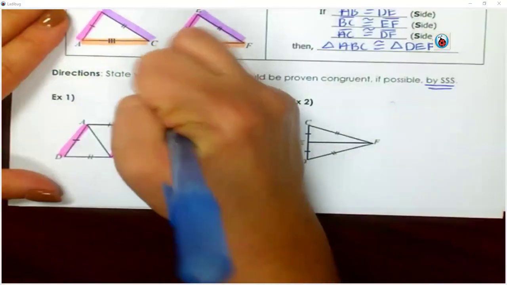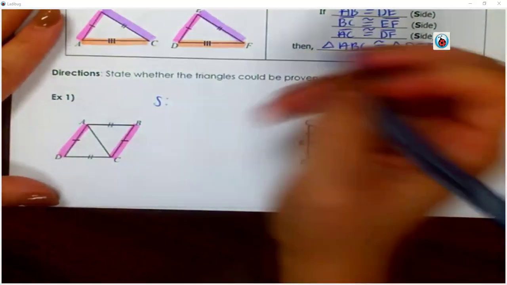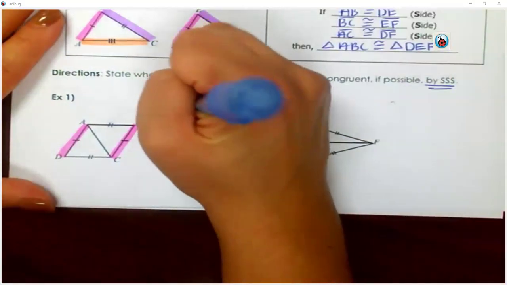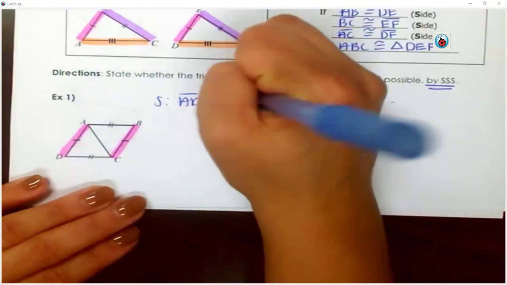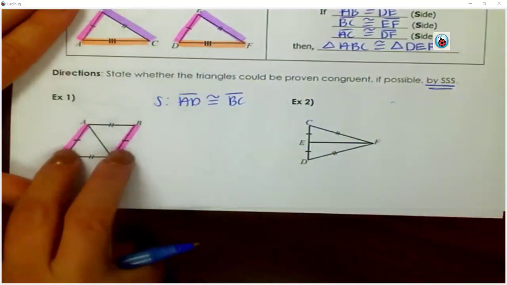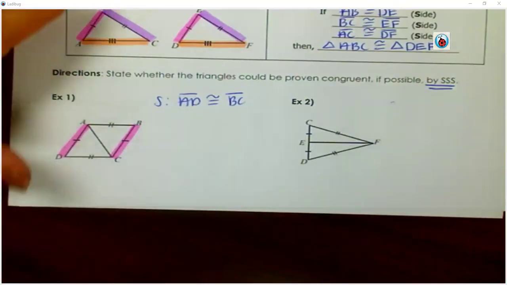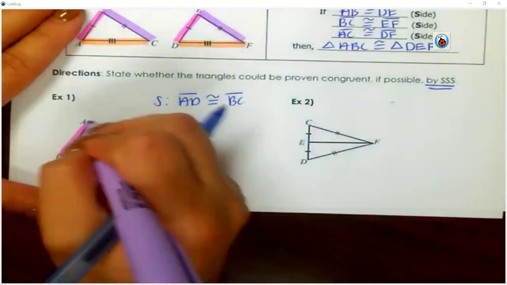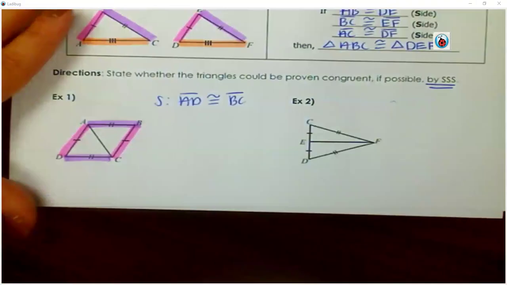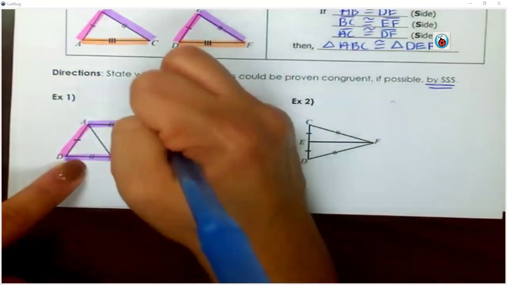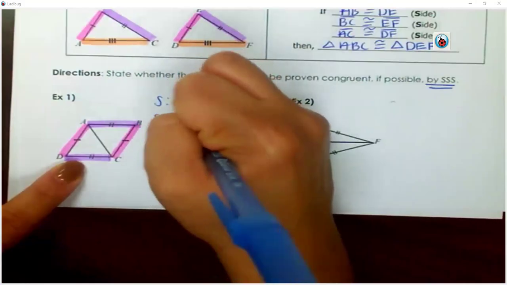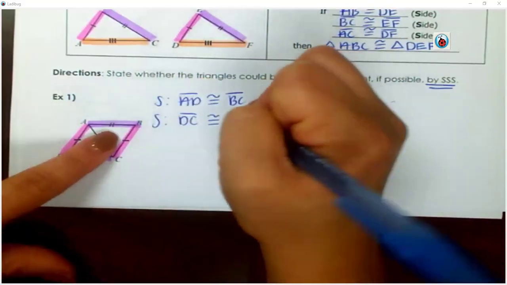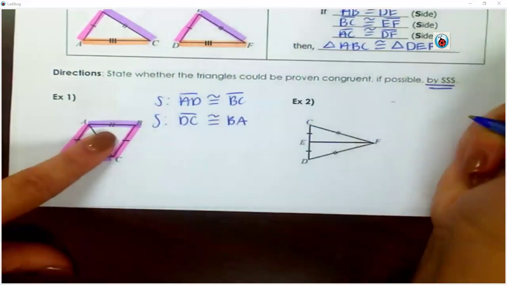And so because I know I'm going to be dealing with side, side, side, I would say side AD is congruent to BC because both of those are marked with one tick mark. Then I know that these two are congruent. And so for this triangle, I would say, this is referring to sides, that DC is congruent to BA.